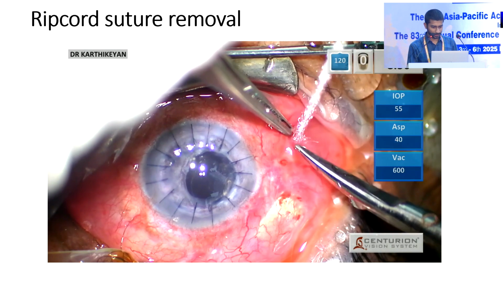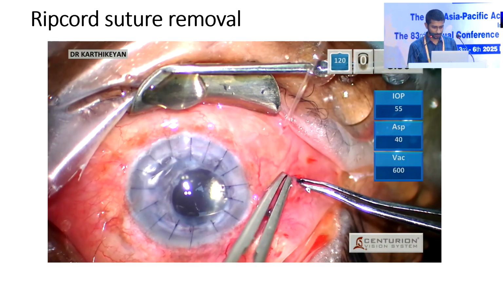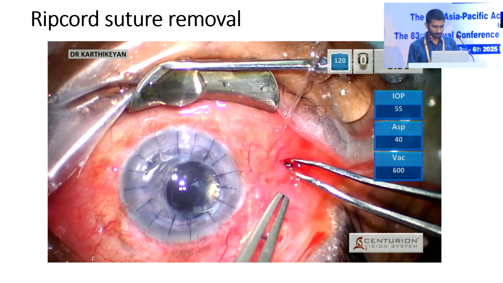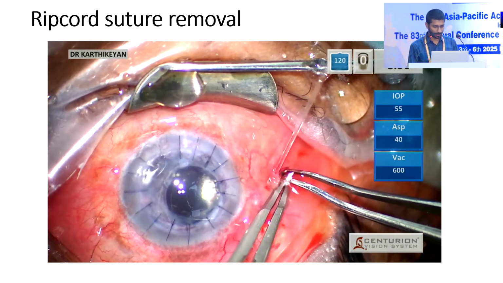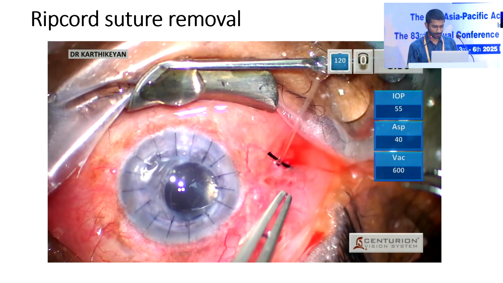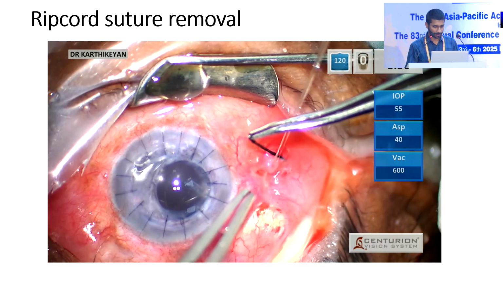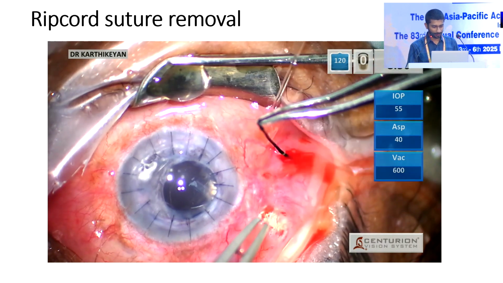Then after localizing the suture, we'll just take it out. So removing the Ripcord suture is a very easy procedure. Just nick the conjunctiva and remove it.